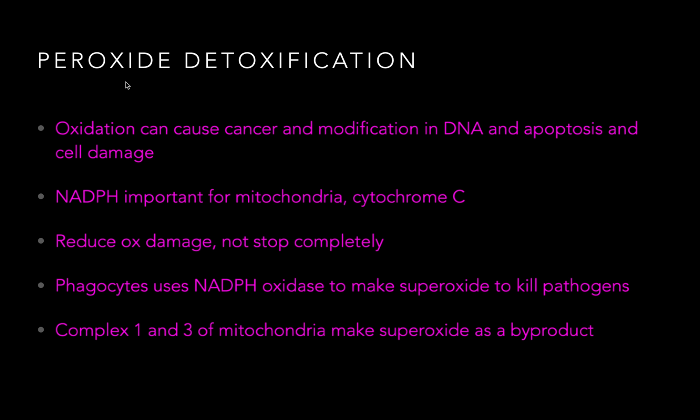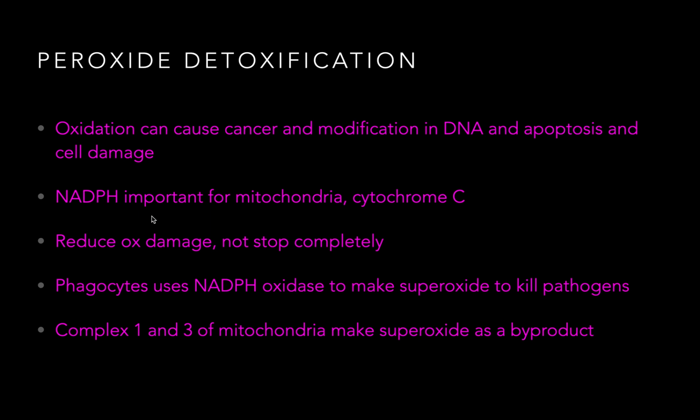NADPH is important because it plays a role in peroxide detoxification. Oxidation is damaging because it can cause cancer through modification of the DNA, as well as apoptosis and cellular damage.